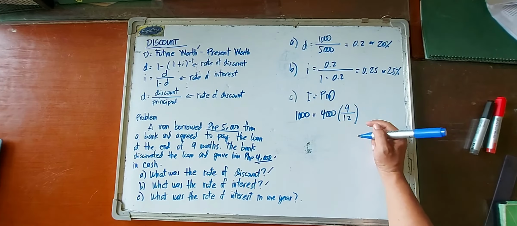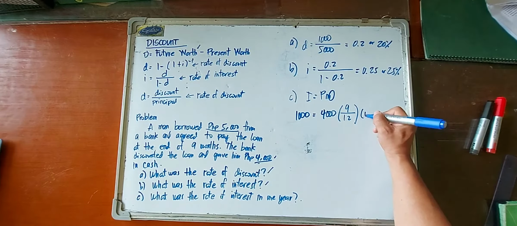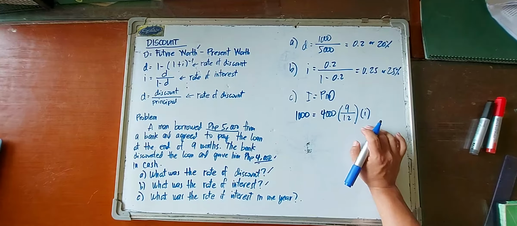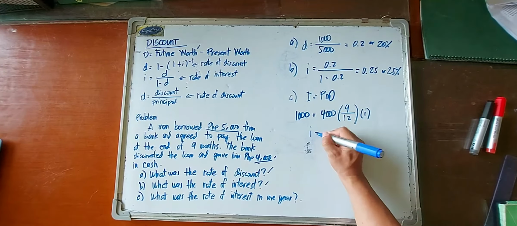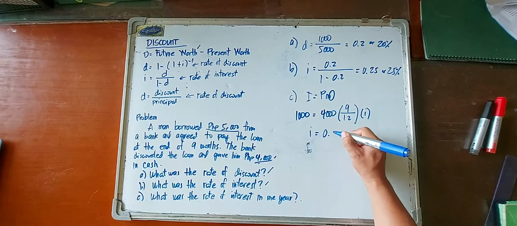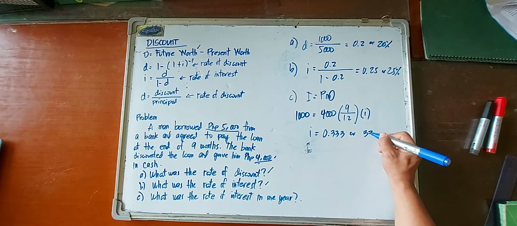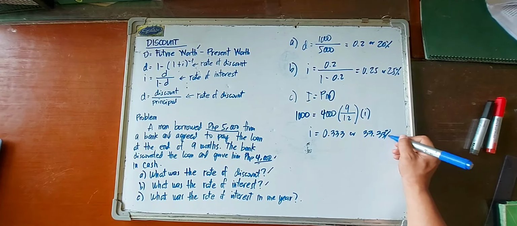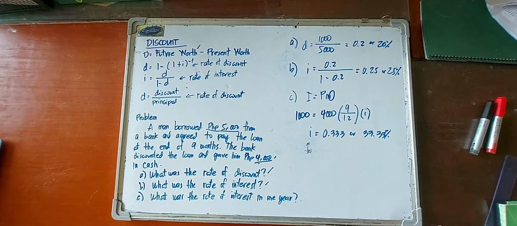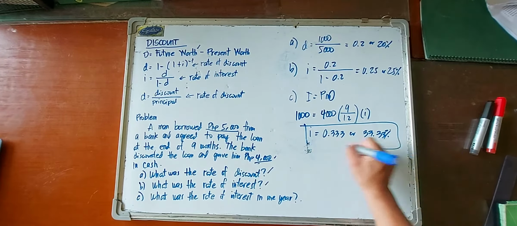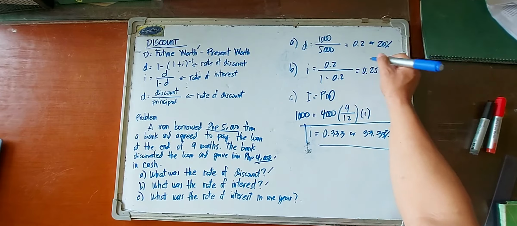So 9 divided by 12 times yung interest rate natin in 1 year. So we have i equal to 0.3333, or that is equal to 33.33% yung rate of interest natin for 1 year. Okay, so these are the answers.